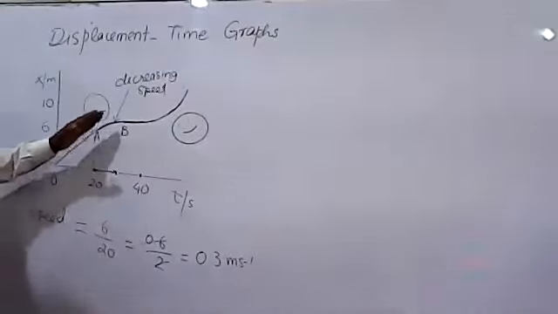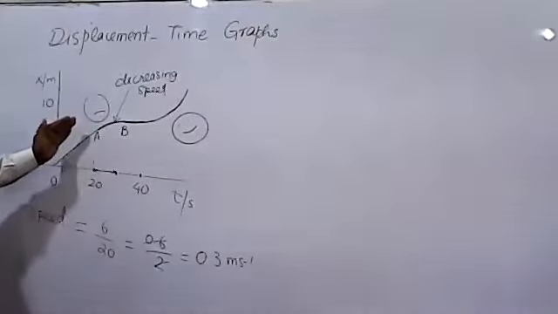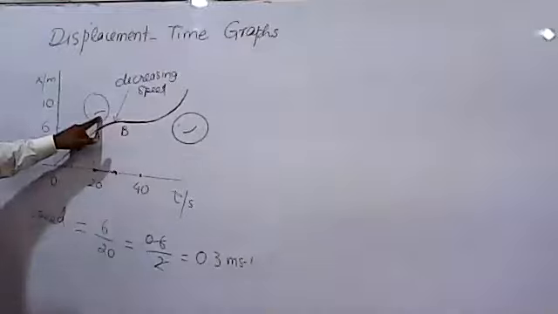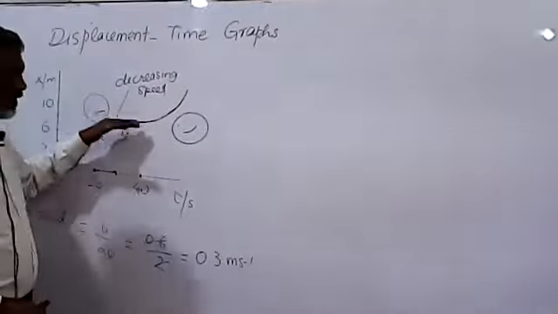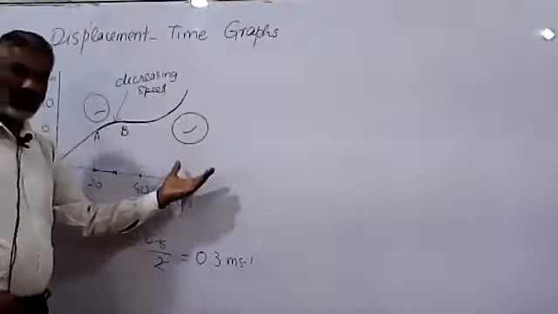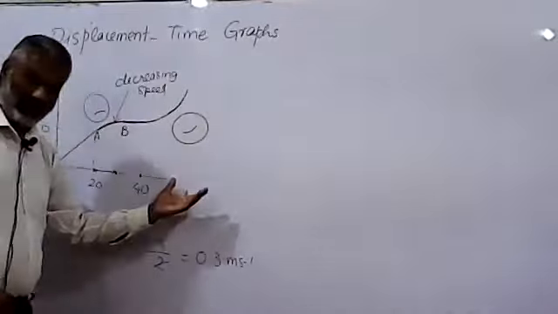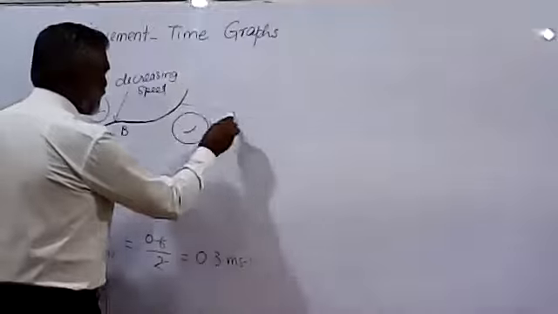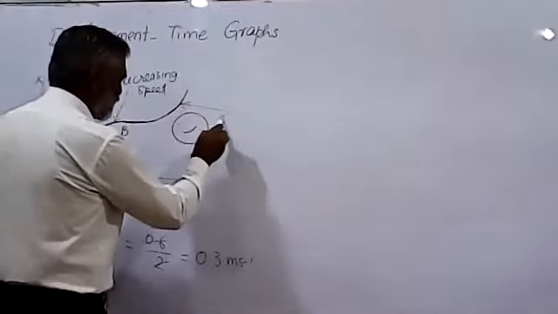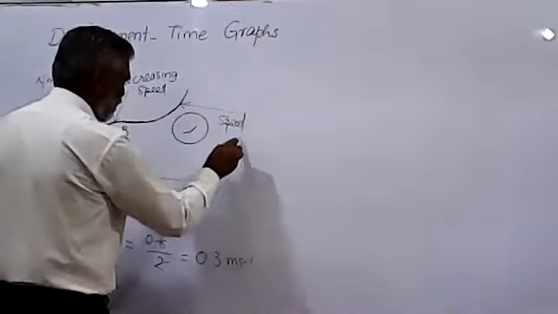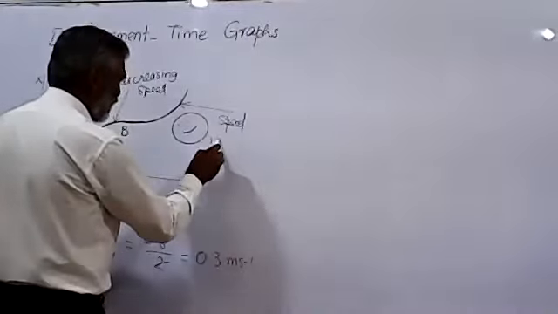And there are 2 types of curves. One is a curve as you have on the sad face, and one curve which is like this, on the happy face. Sad face means the speed is decreasing, and this happy face means speed is increasing gradually.